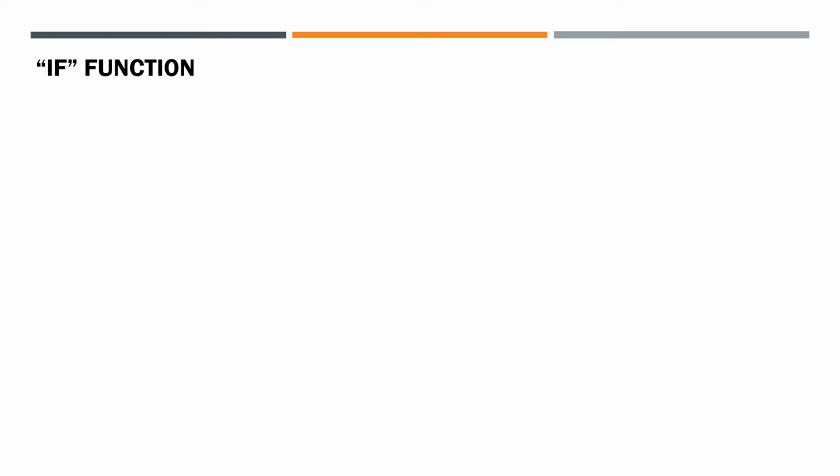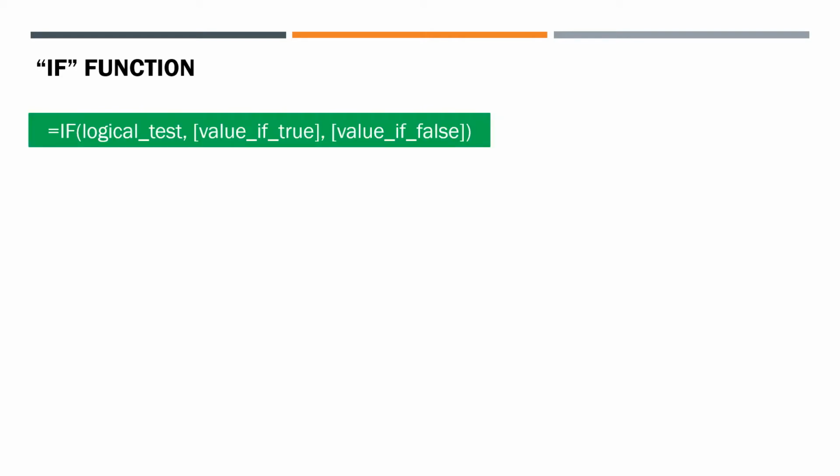The first logical function that we are going to learn is the IF function. The basic formula for the IF function is IF, and this is the logical test that you are going to perform, then the value if true, and the value if false.